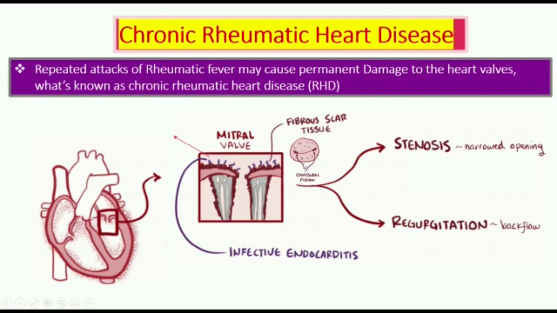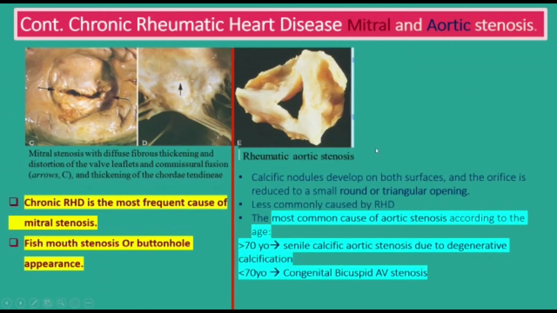So because of this scar formation and fusion, the patient will first develop stenosis, which is the most common valve abnormality that they will develop, which is narrowing of the opening of the valve, and later they can develop regurgitation. So as you see here, this is a fusion of the commissures in the mitral valve, and it looks like a fish mouth or a buttonhole in appearance.